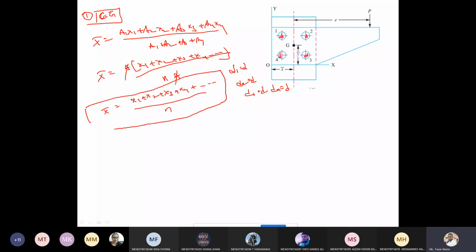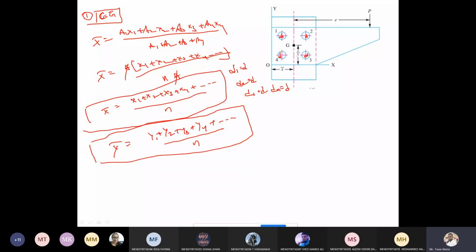This is x bar. In the same manner, y bar equals y1 plus y2 plus y3 plus y4 and so on, divided by n. This is the first step in the design procedure for eccentrically loaded riveted joints, where n is the number of rivets.